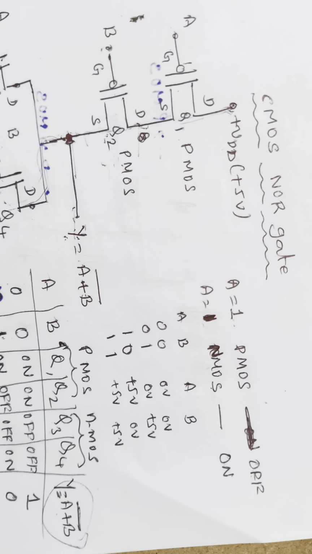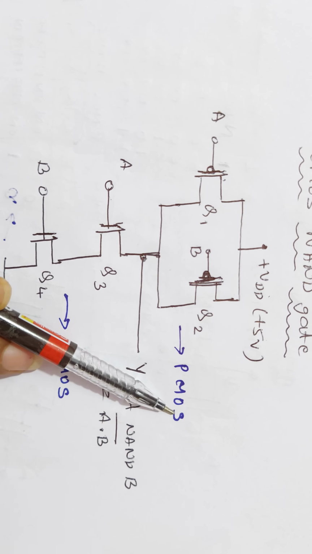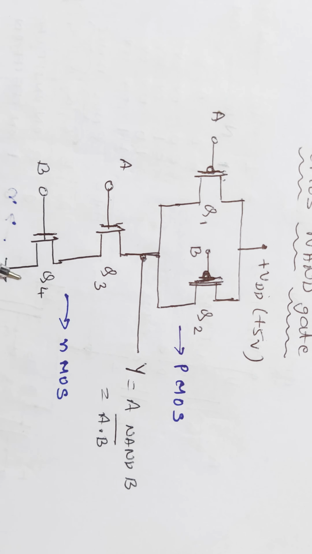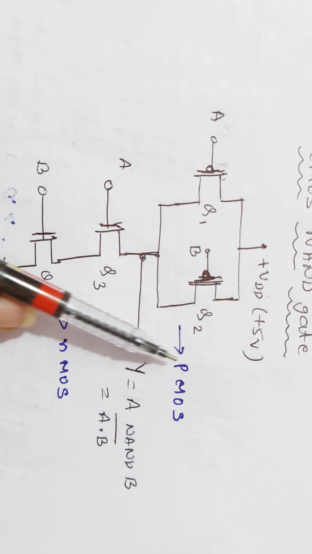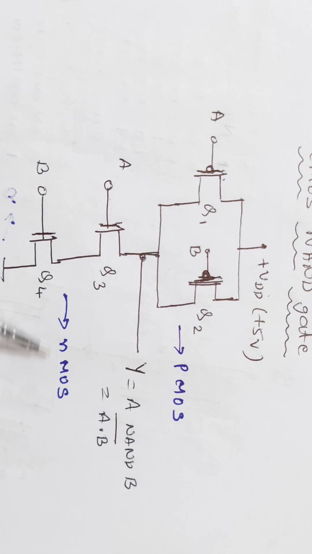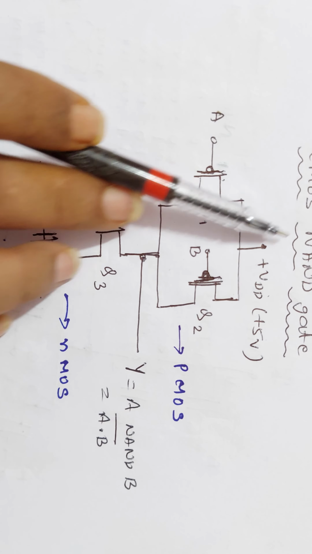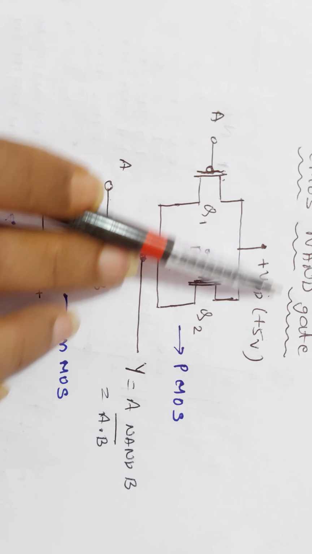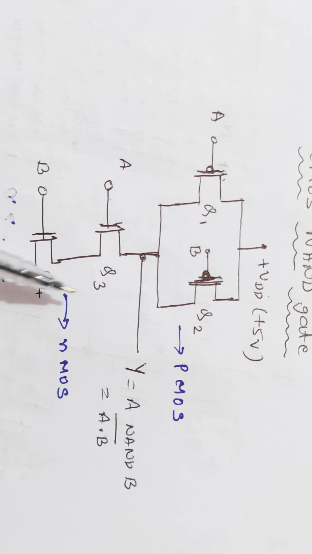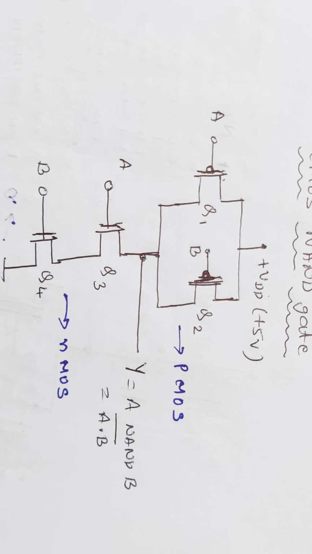In this circuit also, these two transistors are PMOS, these two transistors are NMOS. The combination of PMOS and NMOS is called complementary metal oxide semiconductor. This circuit represents a NAND gate. Therefore, this is a simple circuit diagram of a two input A and B CMOS NAND gate.